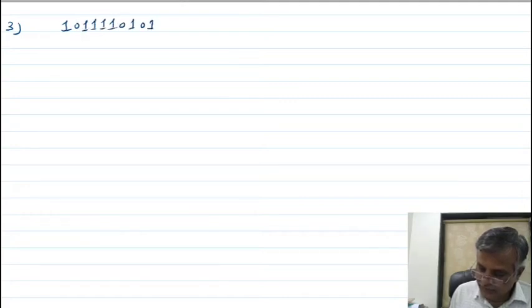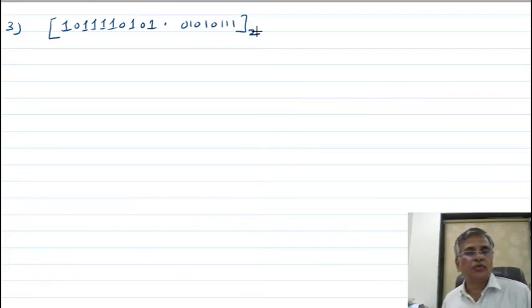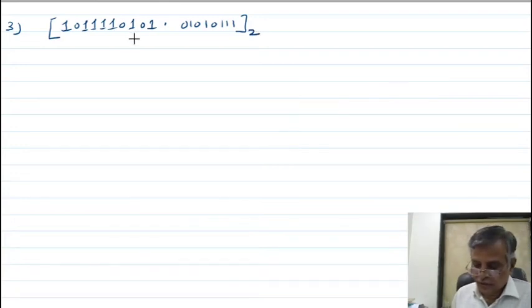Last numerical we want to do. Take anything: 1011110101 point 01010111. Prepare groups of 4 bits for the integer part while going from LSB towards the MSB.